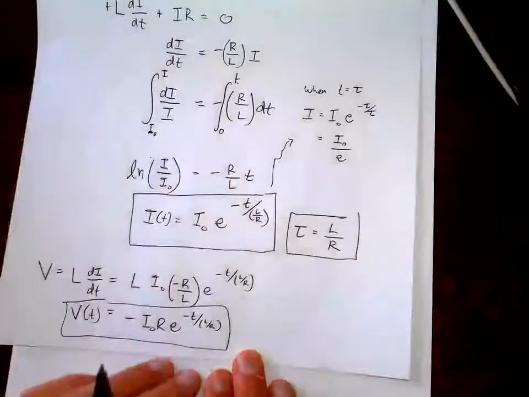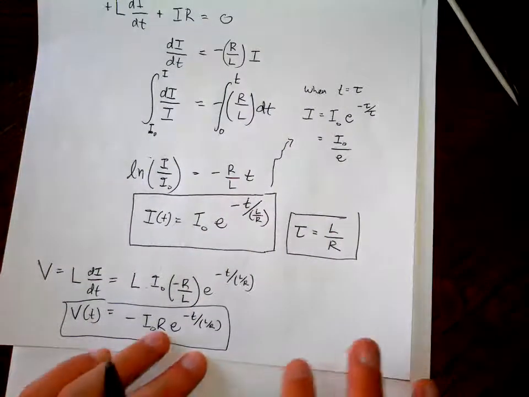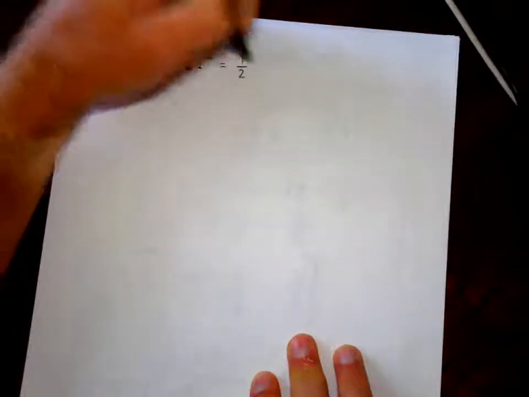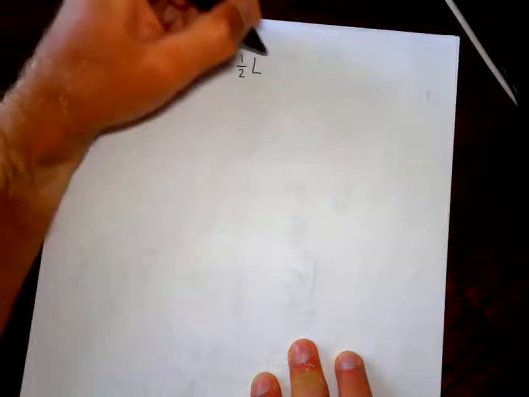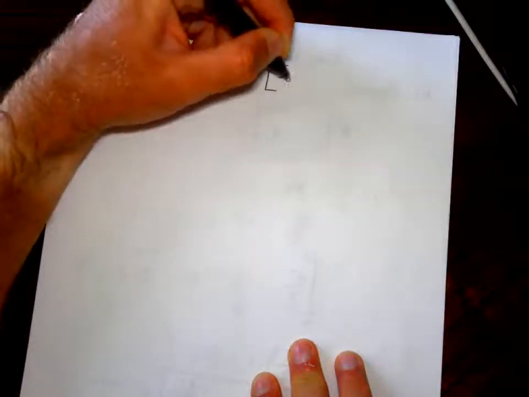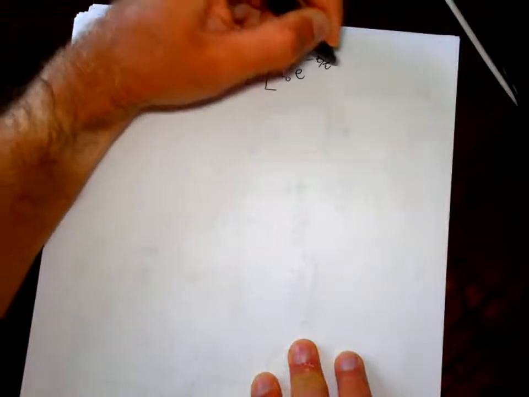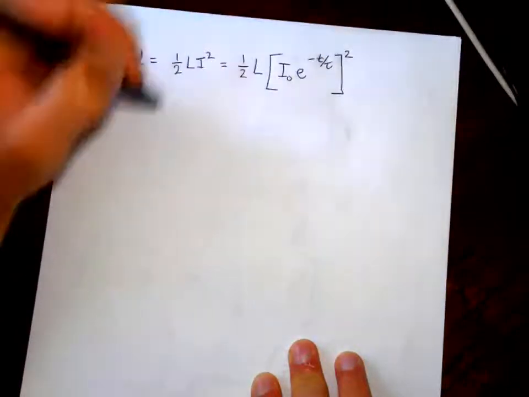We could also get the energy stored in the inductor as a function of time. So if you recall, the energy stored in the inductor is 1/2 L I squared. So we would have 1/2 times L times our I of t, which is I naught e to the minus t over tau, that quantity squared.